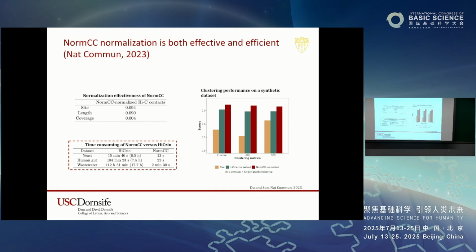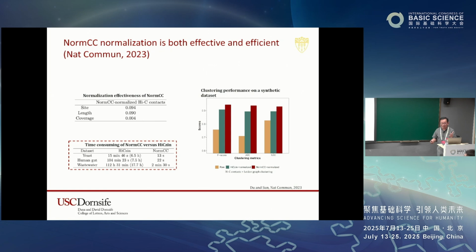Okay, so now we have this normalization method. And sure, normalization is just the first step. The next step is, can we get novel biology out of this? That's the next question for the downstream analysis.